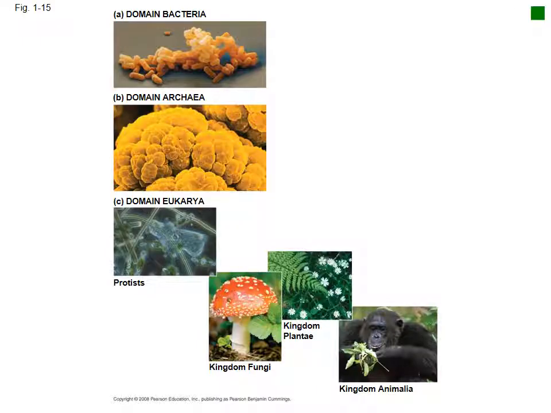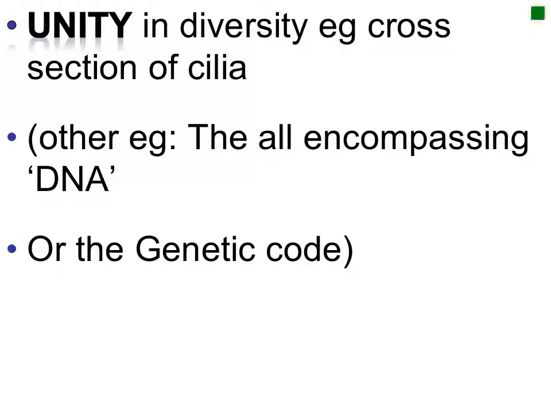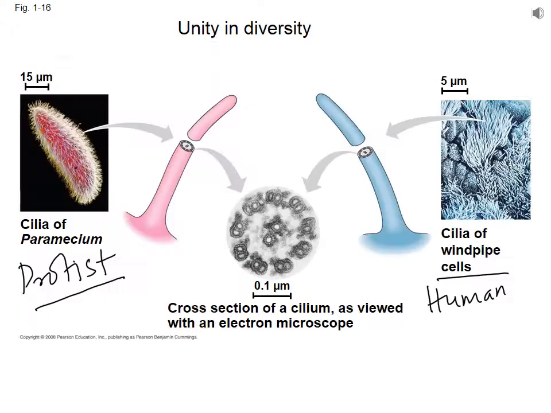Okay, here you have the pictures of different forms. Okay, then we move to the next, wherein we see unity in all this diversity. First the DNA that you and me share.